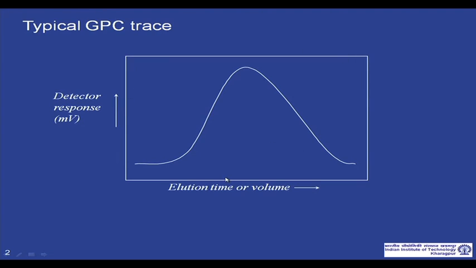Now, from this raw data we must transform it into a weight fraction molecular weight distribution, which is a plot of weight fraction versus molecular weight.